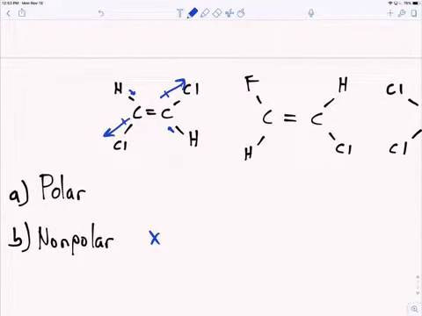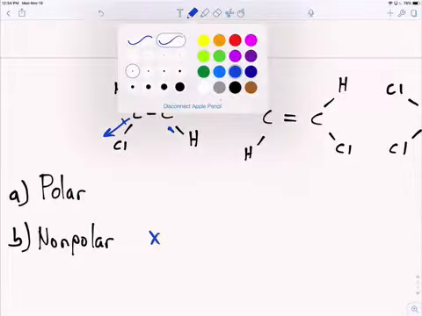Trans 1-fluoro-2-chloroethene. How many people think it's polar? Okay, most of the class is going for that. It is polar. And the reason being, here I'll make it a fatter line. Even fatter.